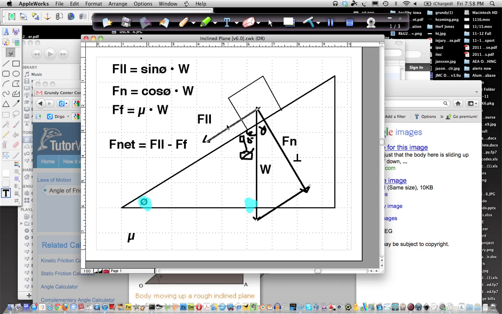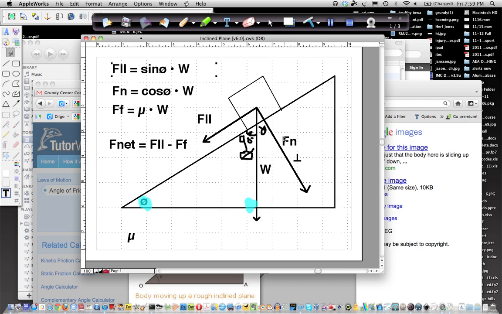So when we go to calculate these forces, we use a little of our trigonometry. Force parallel is sine of theta times weight. The normal force is cosine of theta times W. Think of this triangle going this way.